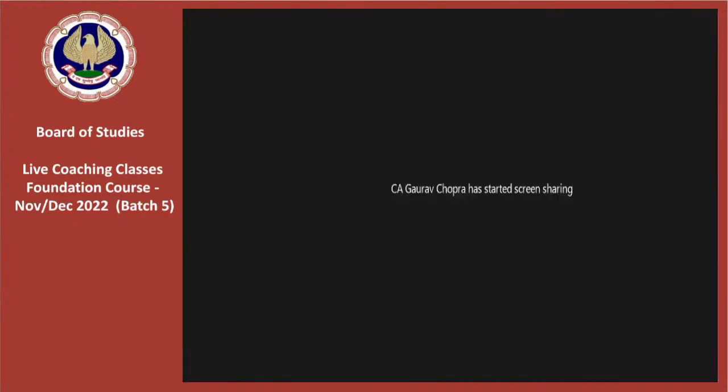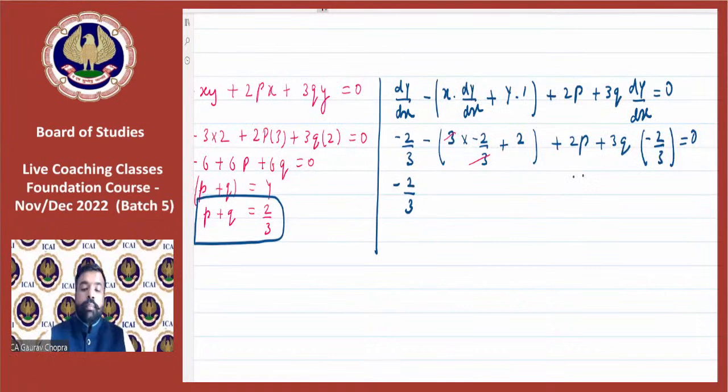So, it is minus 2 plus 2. They will also get cancelled. Then we are left with 2p. Then 3 is getting cancelled. We are getting minus 2q is equal to 0.